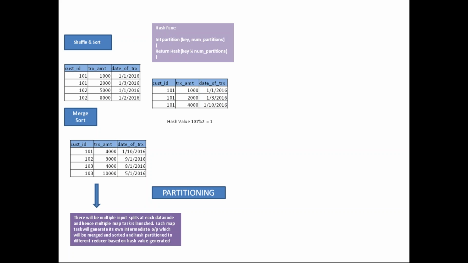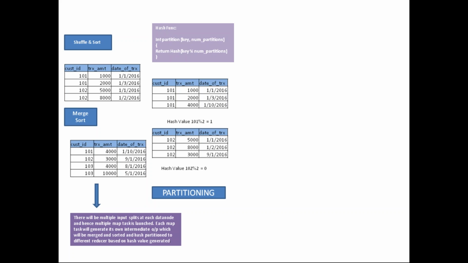So this will go to the second reducer, and then you have the other two. For 102, it will mod with 2 and give the remainder 0. I'm sorry, one thing I missed here.